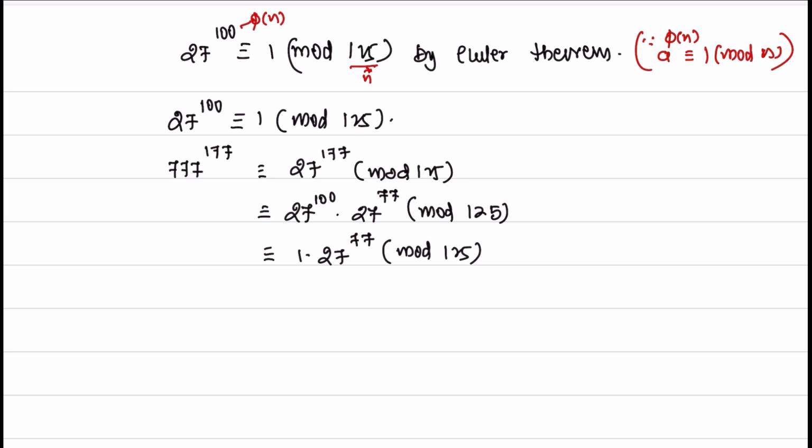Because here also mod 125, here also mod 125, then only one value is taken. This one value is taken and put here for 27 to the power of 100.